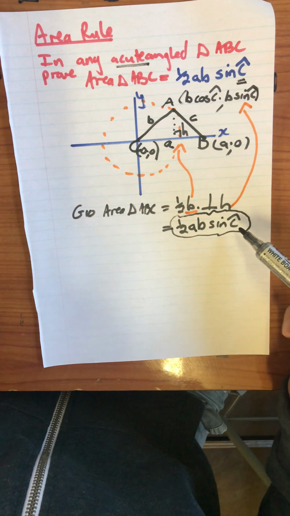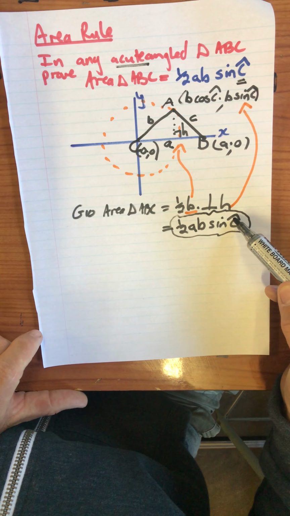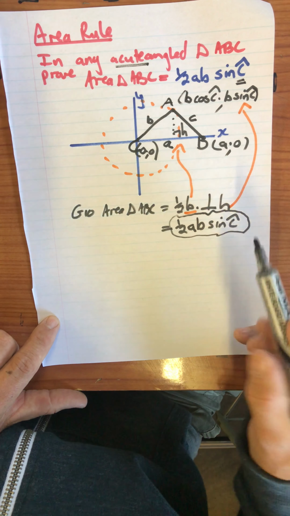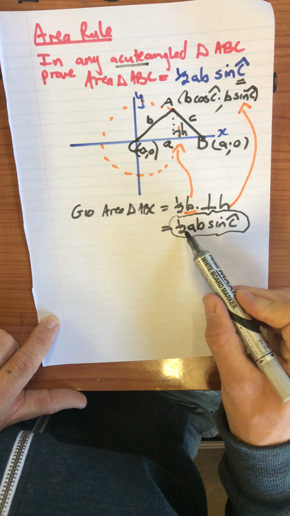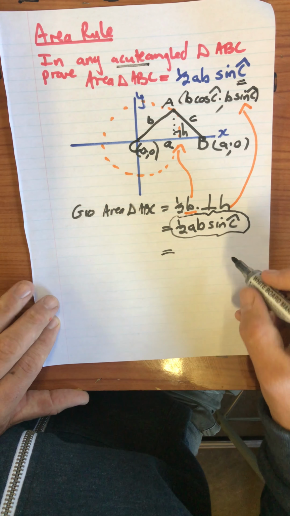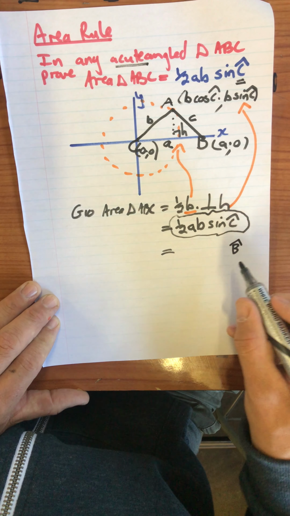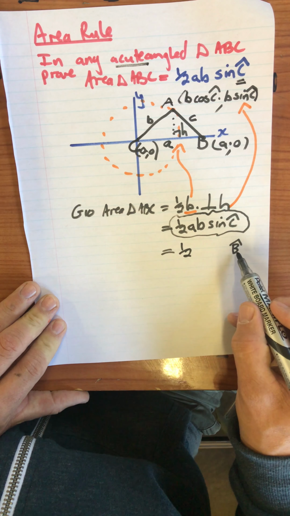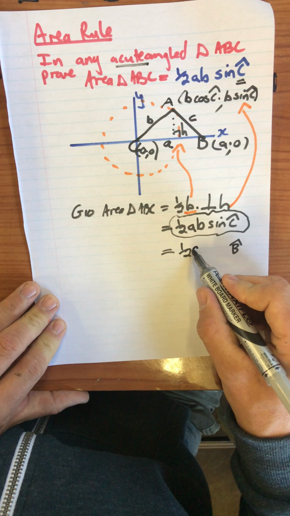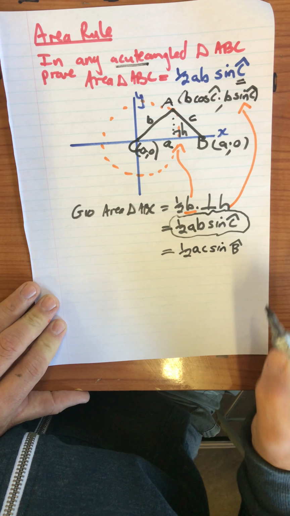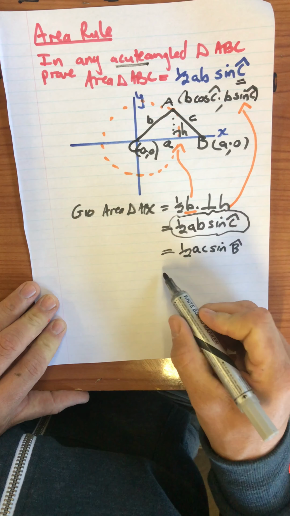It is important to note that if C is in standard position, this is the C value over here. So we have a, b, C, all three letters. If, for example, B was in standard position, in other words, at the origin, we would have a half, and what are my other two letters? a, c, sine B. That would be with B in standard position.